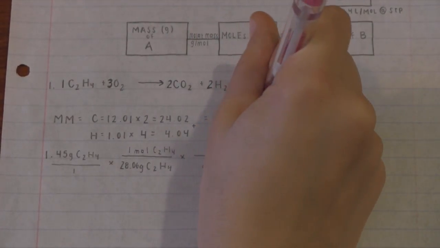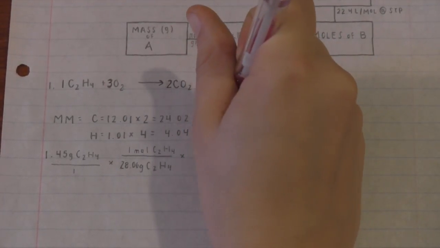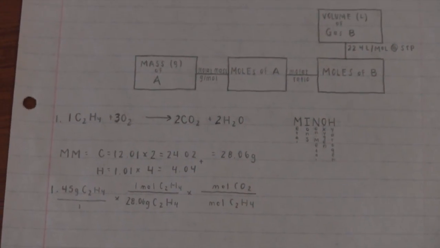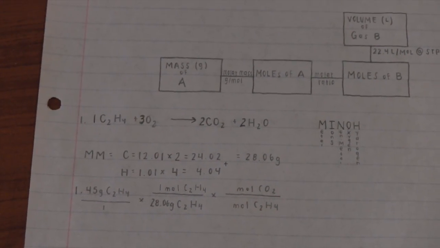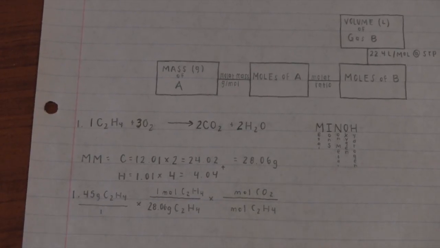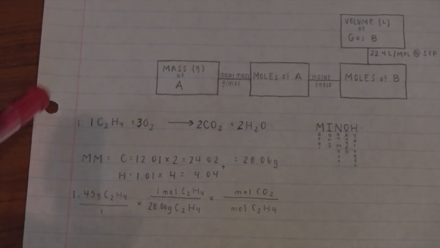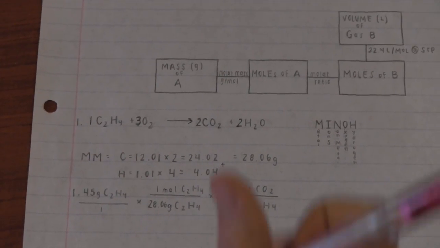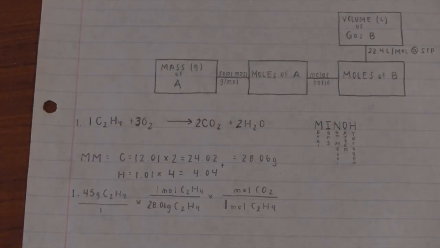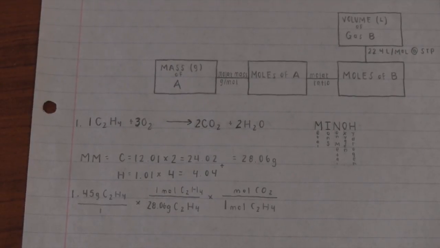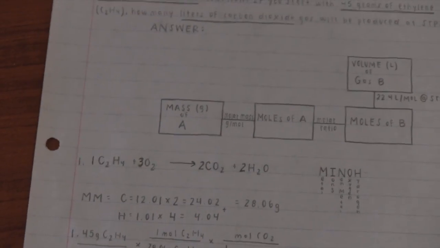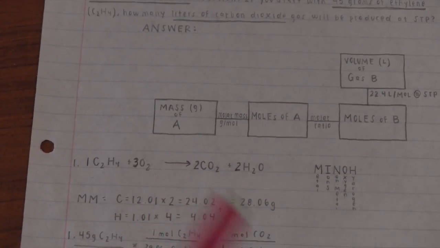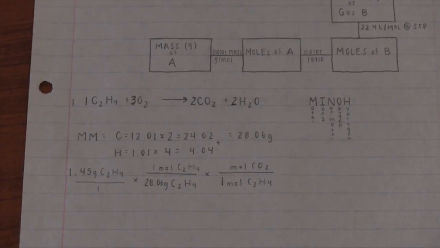And since you want moles of CO2, you would put that on top. You find the molar ratio using the coefficients in your chemical equation. There is a 1 coefficient before C2H4, so you only have 1 mole C2H4 in your dimensional analysis. However, you have a 2 coefficient in front of CO2, meaning you have 2 moles of CO2.